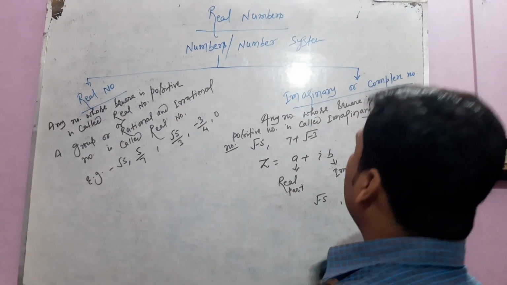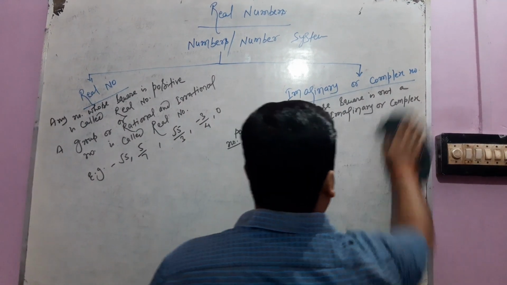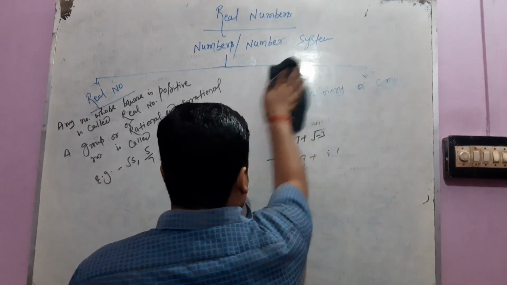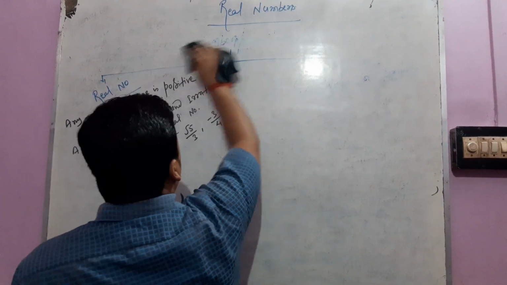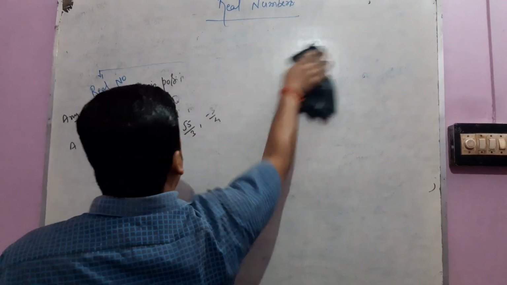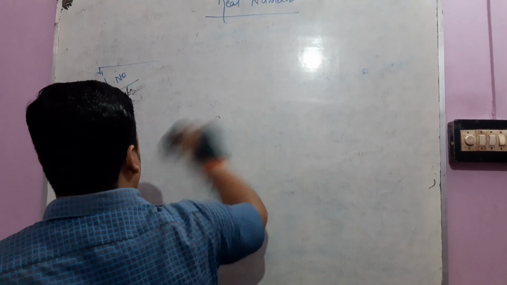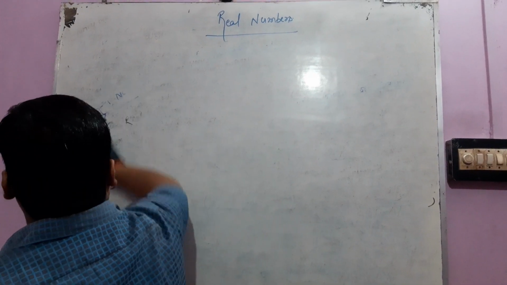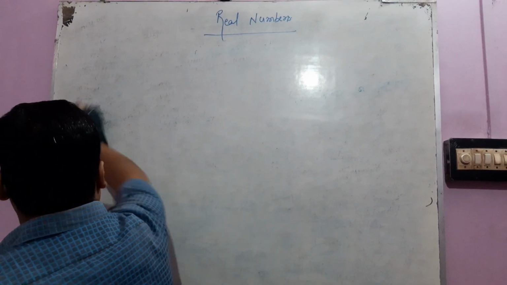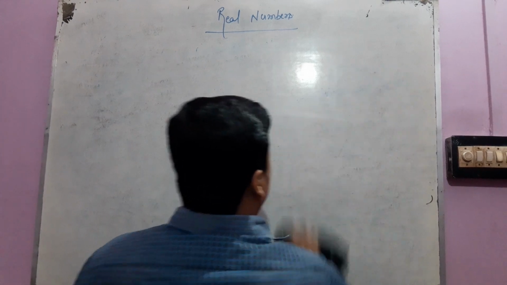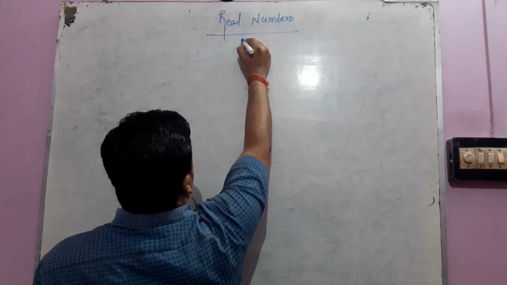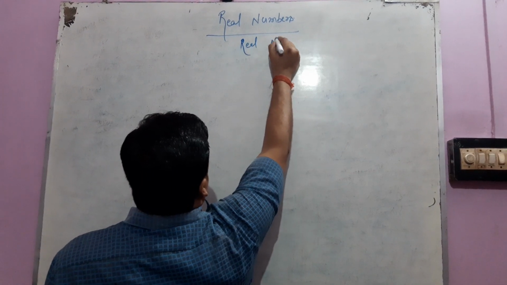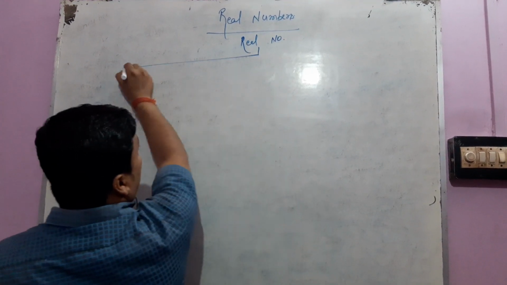Now real numbers. Real numbers are classified in two groups.